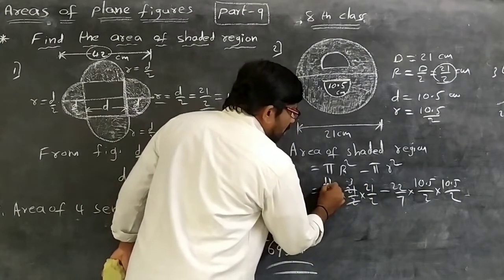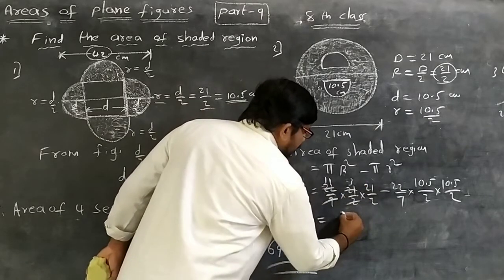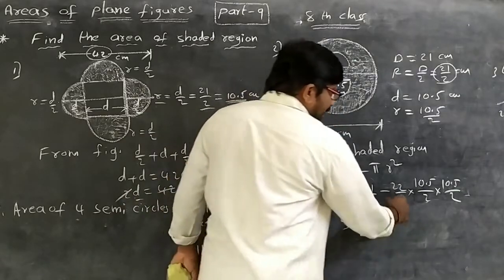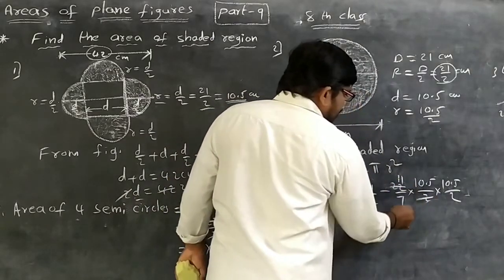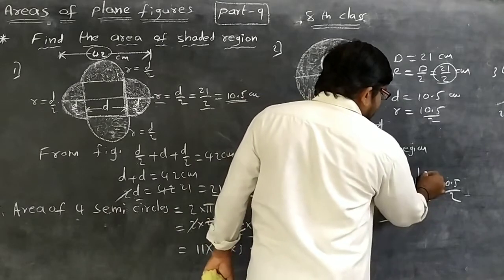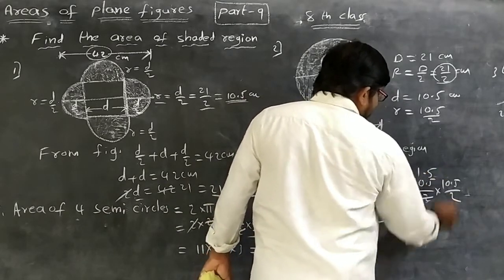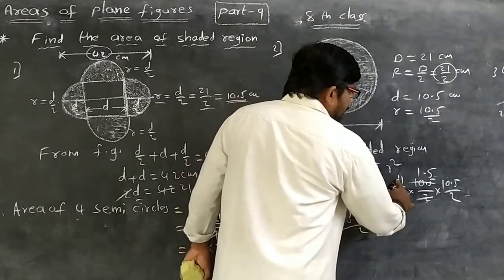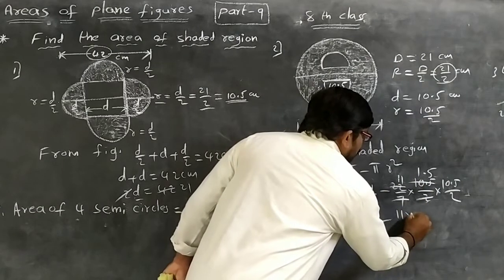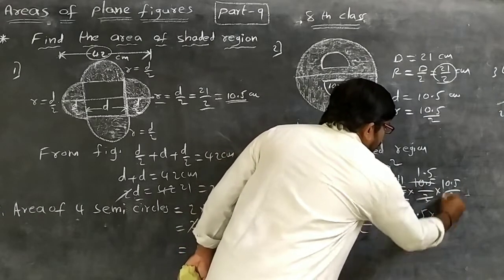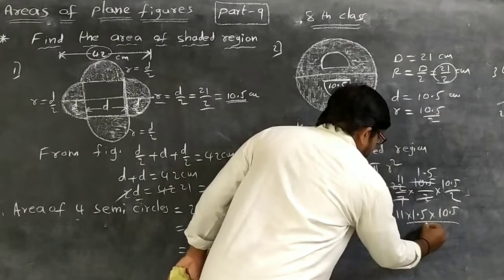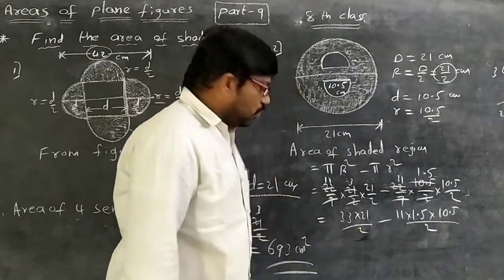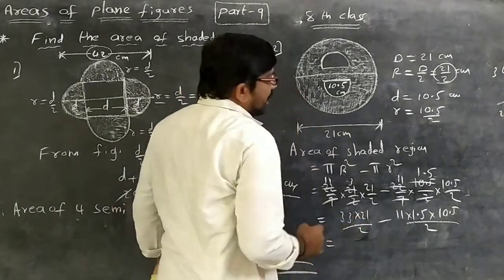So we have 11 3's are 33 into 21, 33 into 21 by 2, minus here 2 ones, 2 11's, 7 ones, 7 1.5's. So now we have 11 into 1.5 into 10.5 divided by 2, right?